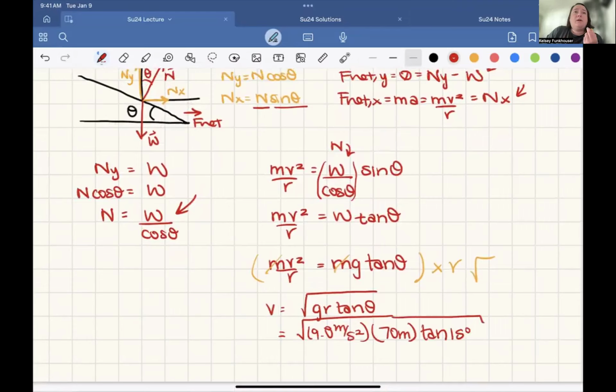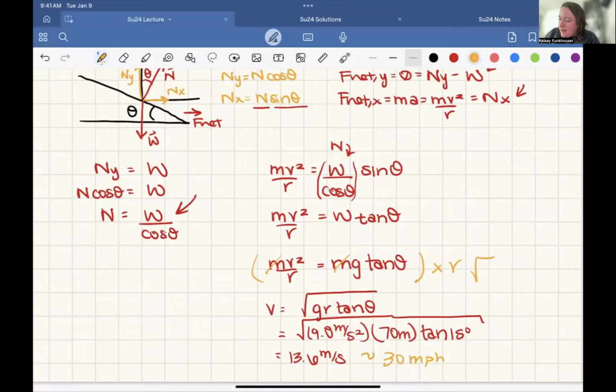So this one, we get an actually a little bit smaller velocity of 13.6 meters per second, which 13.6 times 2.24 gives us about 30 miles per hour. About 30 miles per hour.